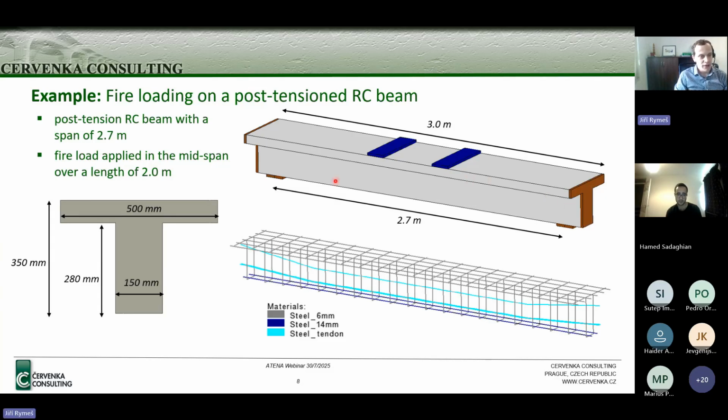Furthermore, there are load plates or supporting plates at the supports, and then two load plates in the span of the beam to apply the forces during the overloading. The fire event here is assumed in the midsection of this beam along the length of 2 meters, and the fire will be applied from the bottom faces of the beam.